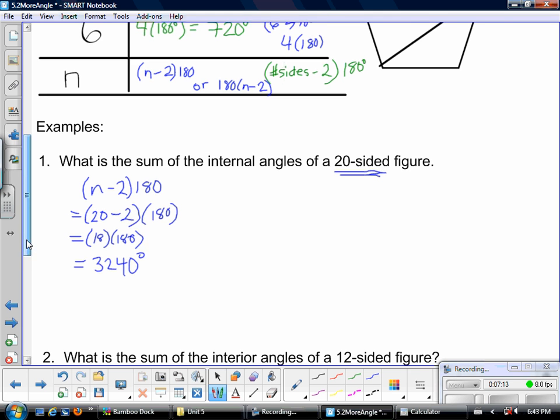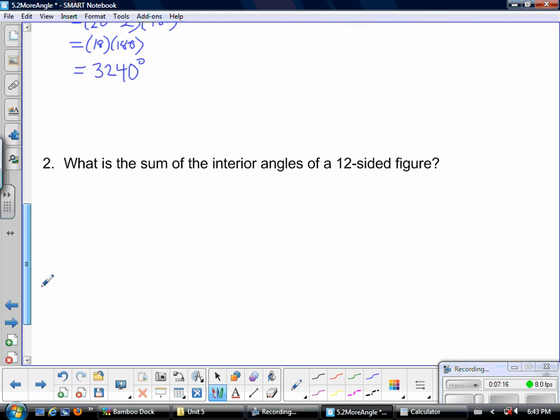As long as we remember number of sides, take away 2 times 180, that's really it. So for 12 sides, that's going to be 12, take away 2 times 180, so in this case, it's going to be 10 times 180. And you better not pull out a calculator for this one.